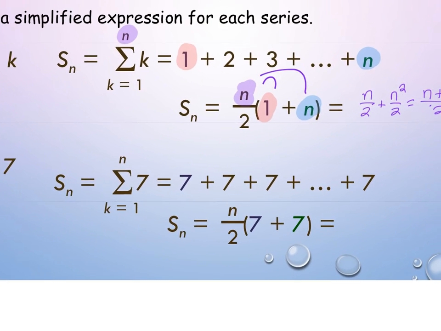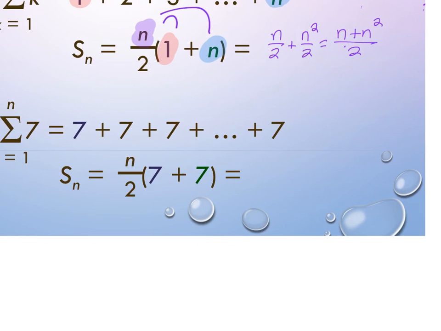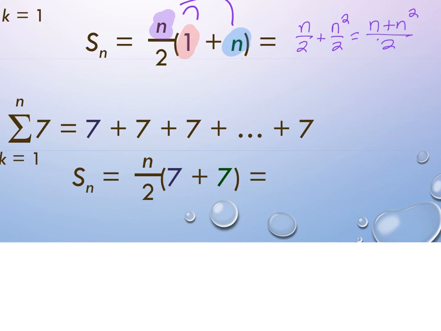This one is of a constant. So if we look at this, I end up with n over 2 times 7 plus 7 is 14, which turns back into a 7, and now I just have 7n. And that's logical if you think of it.